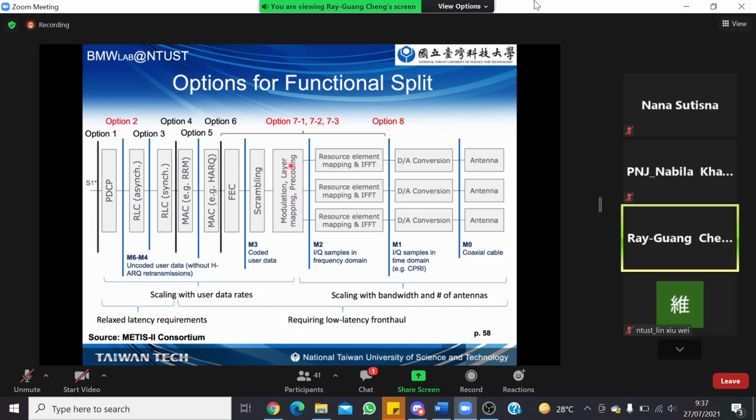Layer mapping is needed when you provide multi-user MIMO, you want to provide multiple antennas, you want to transmit different bits to the same user. So you need to know which information is transmitted from which antenna. So you need to do layer mapping. You also need to do precoding to map the symbol to antenna. So this is for MIMO.